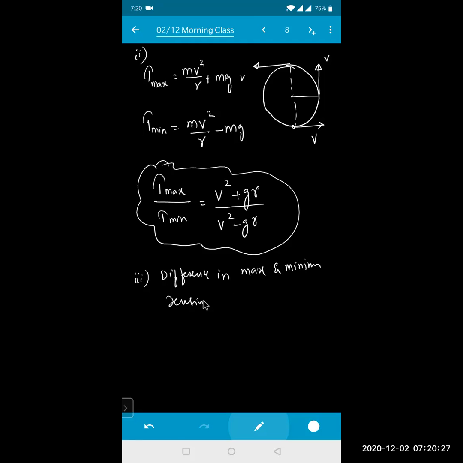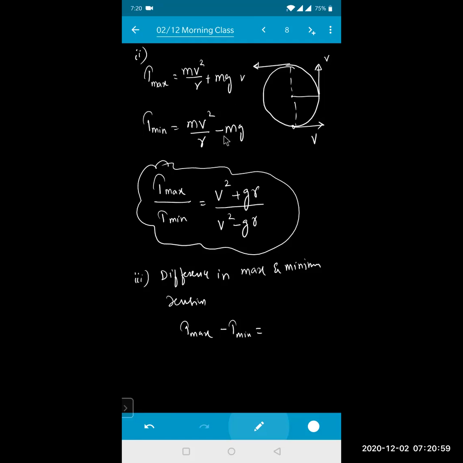What will it be? This is T max, difference we are saying, so T max minus T minimum will be equal to how much? See this, T max value is this, m v square by r plus m g minus m v square by r minus m g. The m v square by r gets cancelled.